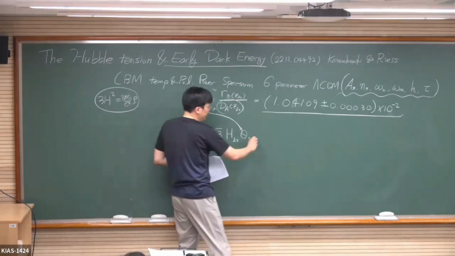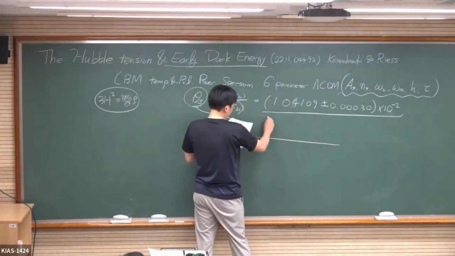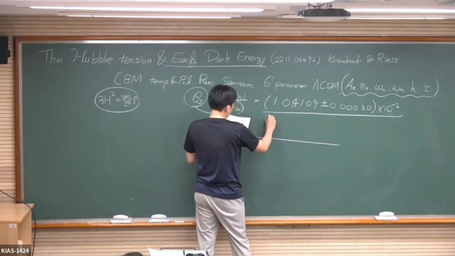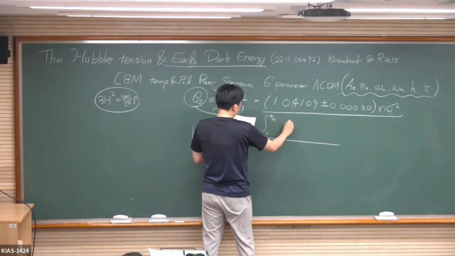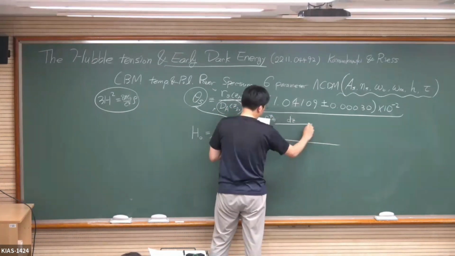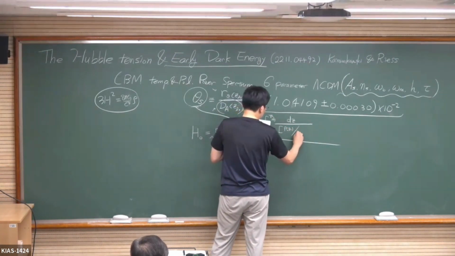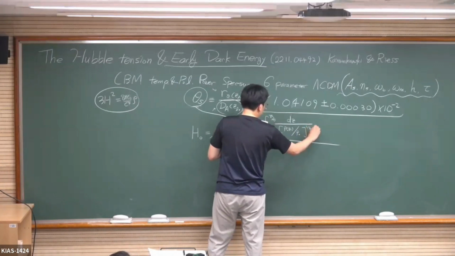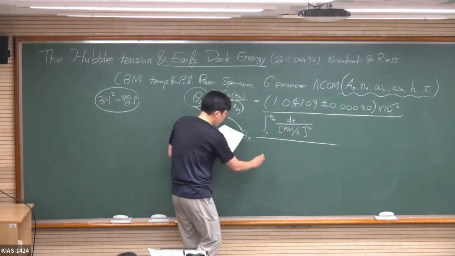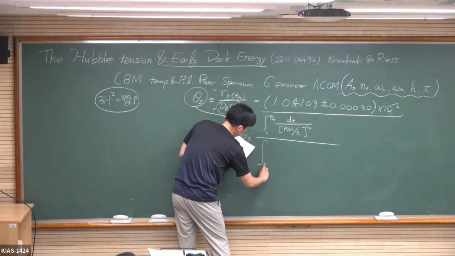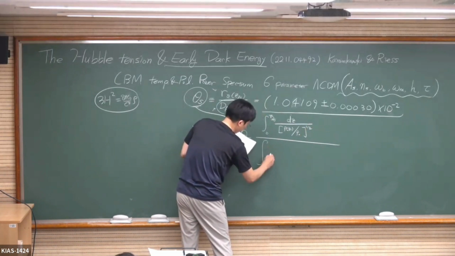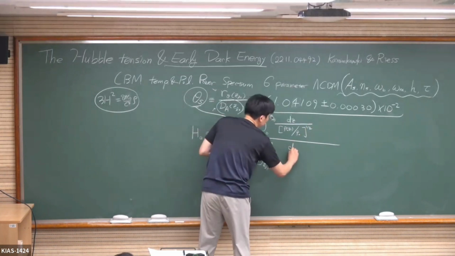And then we have the ratio between the integral from late time, the integral that came from the angular diameter distance, and the early time integral that came from the sound horizon scale.